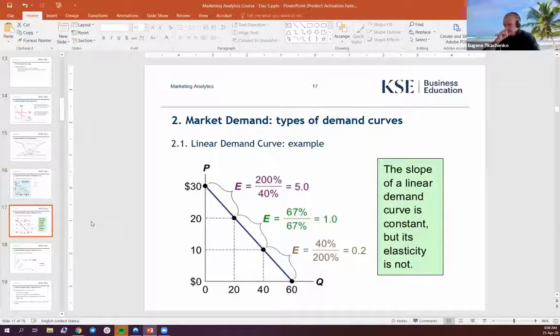So the way we can characterize the linear demand curve is basically the difference between pricing points and quantity points. As it is presented here, we are seeing a price point of $30, but we are not selling any goods.